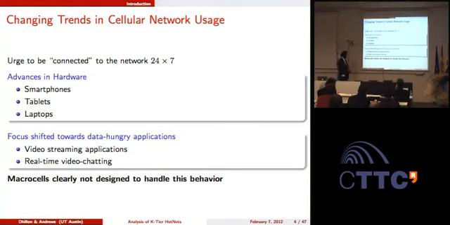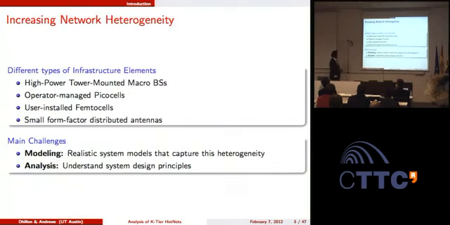And the message here is that the macrocells were clearly not designed to handle this kind of behavior. So you would expect some really fundamental changes in the network. That's the only message here, and that's what we have seen. We have increasing heterogeneity, with different types of infrastructure elements coming up.